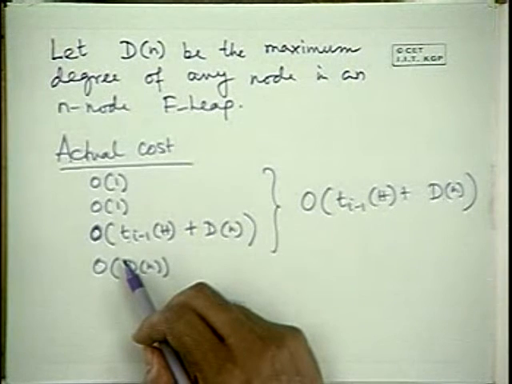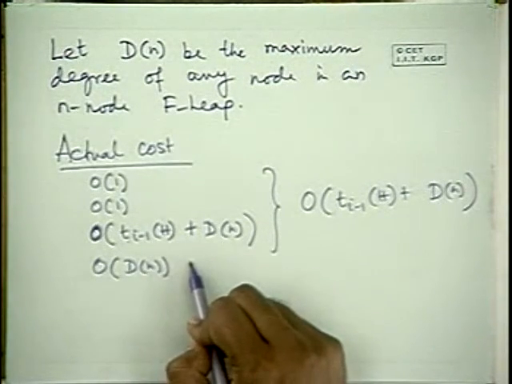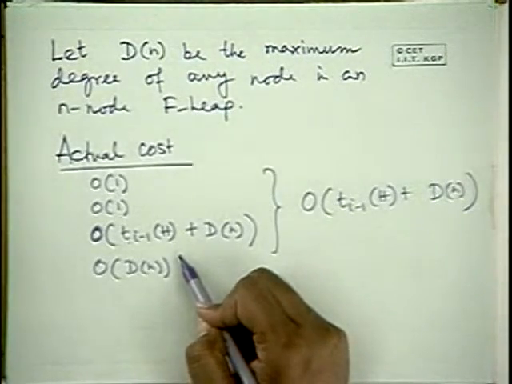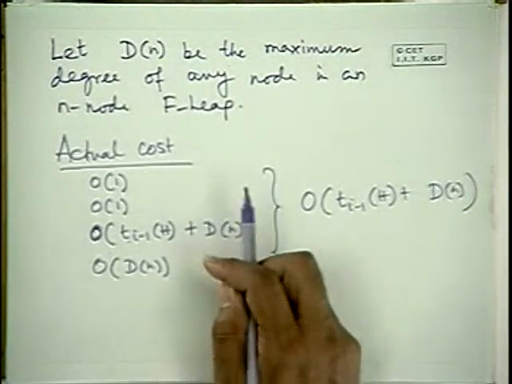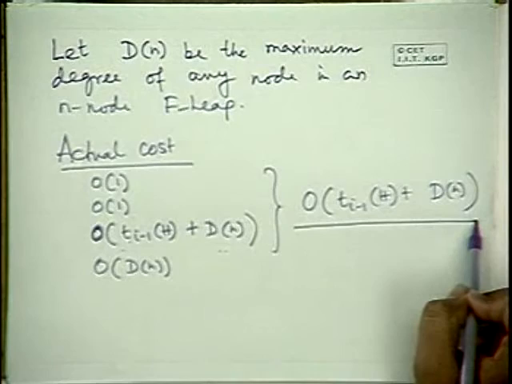So how many nodes do you have now in the root cycle? Ti minus 1 of h plus dn. And step 3 every time takes one root node and links. Each link is order 1, so it cannot be more than the total number of root nodes it had after this merging, which is Ti minus 1 of h plus dn. The total actual cost is this.